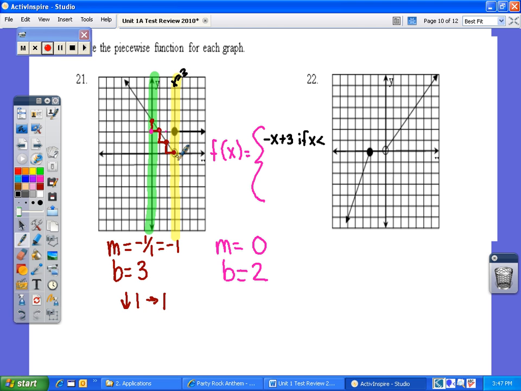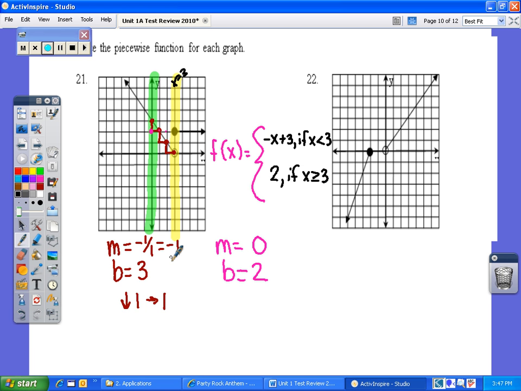So it has to be less than 3. Because it's an open circle, it's just going to be less than 3. No line underneath. Now the next one is just 2, because it's a horizontal line, and it's going to the right, and it's colored in, so it'll be greater than or equal to 3. Okay, so don't forget your M and your B's, because if you forget your M and B's, you're going to lose a lot of points.